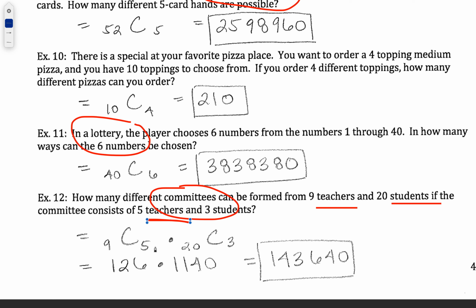So 9 and 5. Highest one always goes first. Students go with students, so our student numbers have to go together. Highest one goes first. If you mess that up, your calculator is going to let you know. I'm going to multiply teachers times students. You can type this all in your calculator at one time if you want to, or you can type in just the teachers and get an answer, just the students and get an answer, and multiply them together, whichever way you're comfortable.